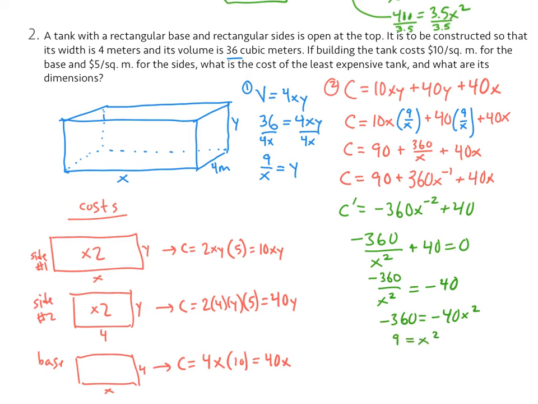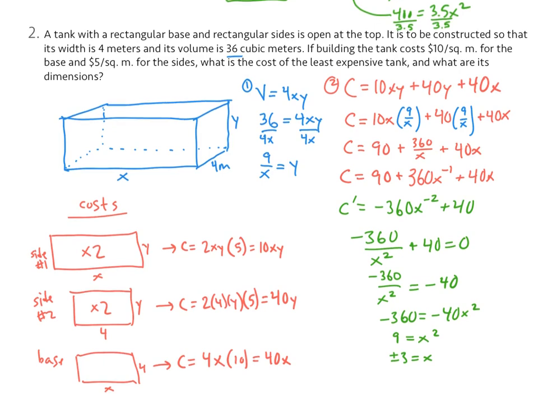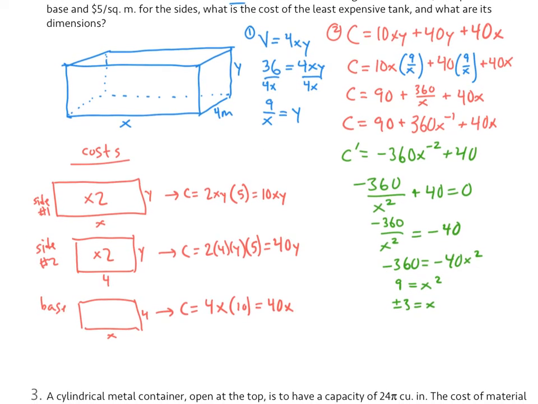If you take the square root of both sides, x equals plus or minus 3, but we would not include the negative value because this represents the dimensions of a box, or the side lengths of a box. And so we'll just take x equals 3, and then we can solve for y using the blue equation right here. y equals 9 over x.